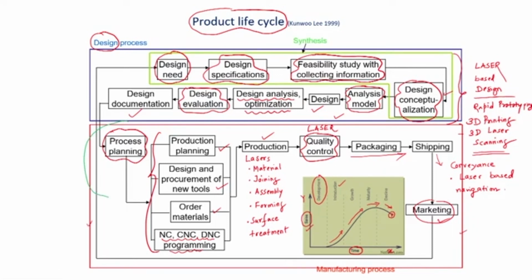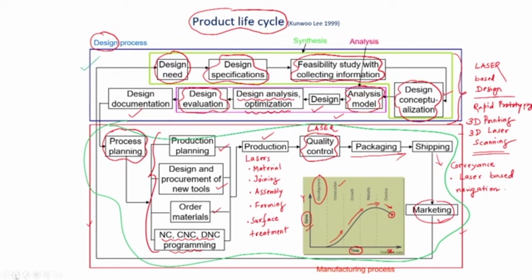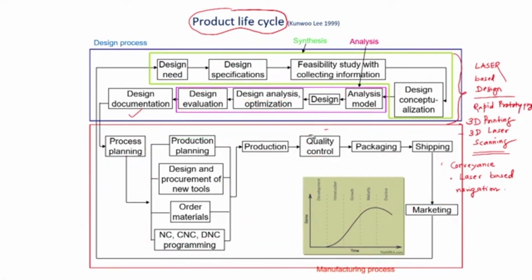So, these are all the manufacturing related activities if we club them together, and these are all the design related activities. Now, if we look at the design activities, we can further classify them into two groups.